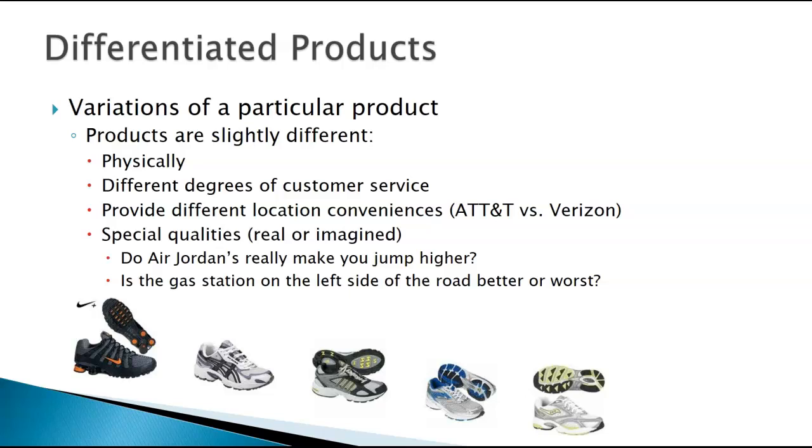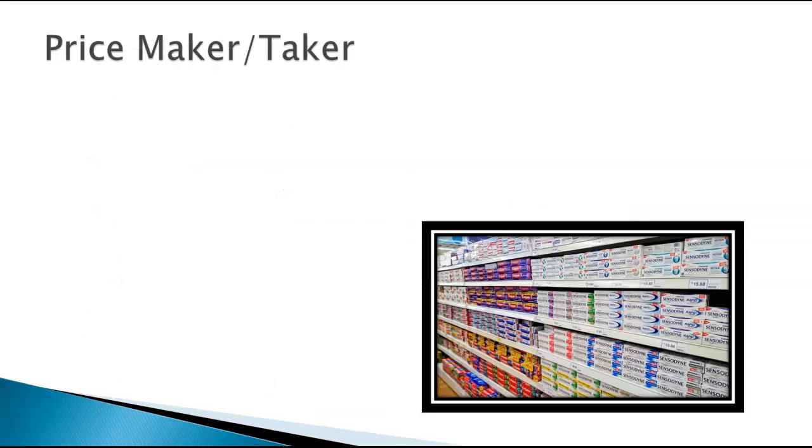It's safer than making a left-hand turn. And so the idea is that they are substitutable. All these shoes can be worn as shoes, but they have some slight niche market that does separate them. So they have some control over their demand curve, unlike perfect competition where they're all identical goods. Therefore, nobody can differentiate themselves.